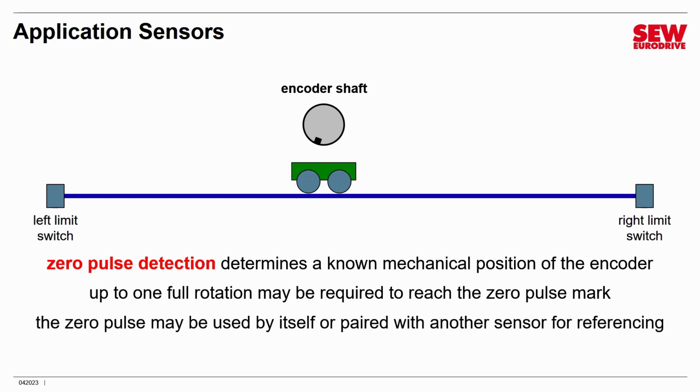Zero pulses can be used by themselves or paired with another sensor. Typically, they're paired, usually not used by themselves, but it is possible, sort of like this. You rotate and move until you hit zero, and out comes the zero pulse, and you say, okay, I'm there, and maybe I'm referenced there.